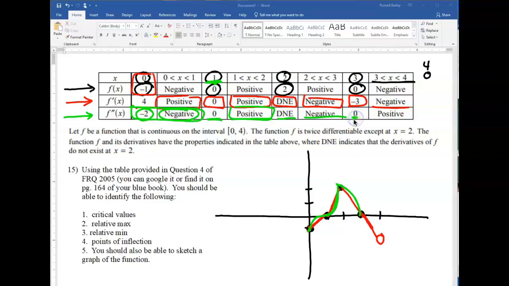And then at 3, we should have a 0, which means that it's a point of inflection. So it's changing from concave down to concave up. So from here to here, it's going to be like that. There we go. And so I'd say that green line is the final touch.